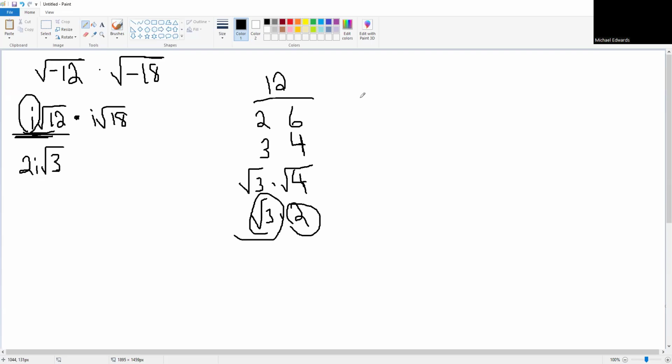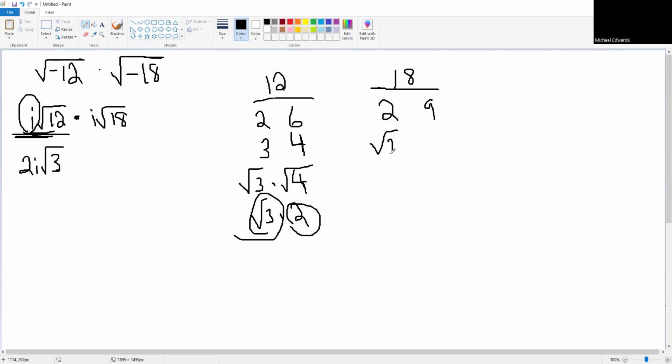Okay. Moving on. We have 18. Let's find the factors of 18. 2 times what is 18? It is 9. Is 9 a perfect square? Yes, it is, actually.